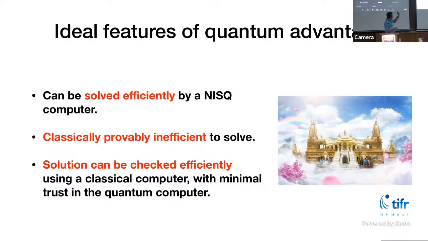We should be able to verify that this person is actually correct pretty quickly, with minimal trust in their quantum device. This is quite important. There should be some way to verify these claims of quantum supremacy, quantum speed-up, because we may not trust the entities who have these quantum computers.